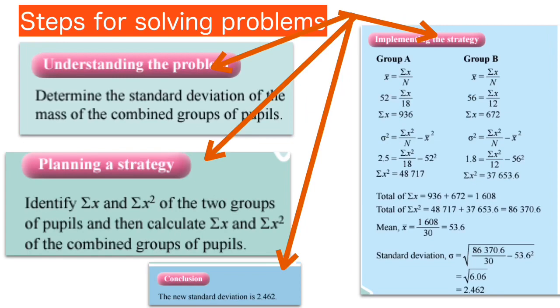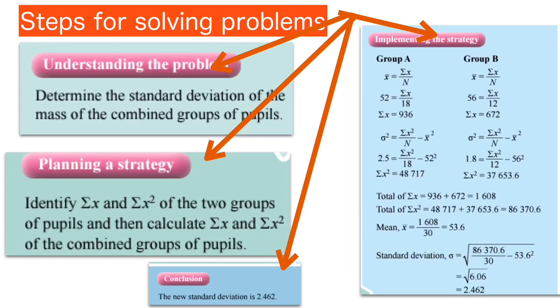So the sum of data square is 37653.6. The total of data is 936 plus 672. Combining group A and group B, that is 1608, and the total sum of data square is 48717 plus 37653.6, which is 86,370.6.